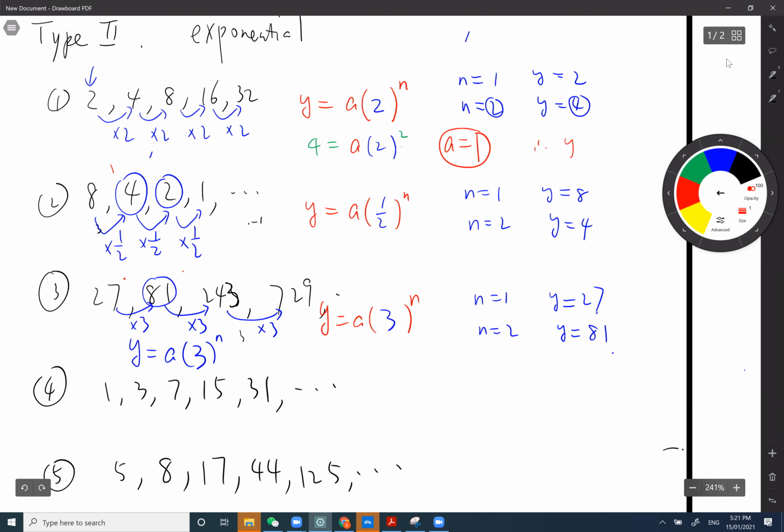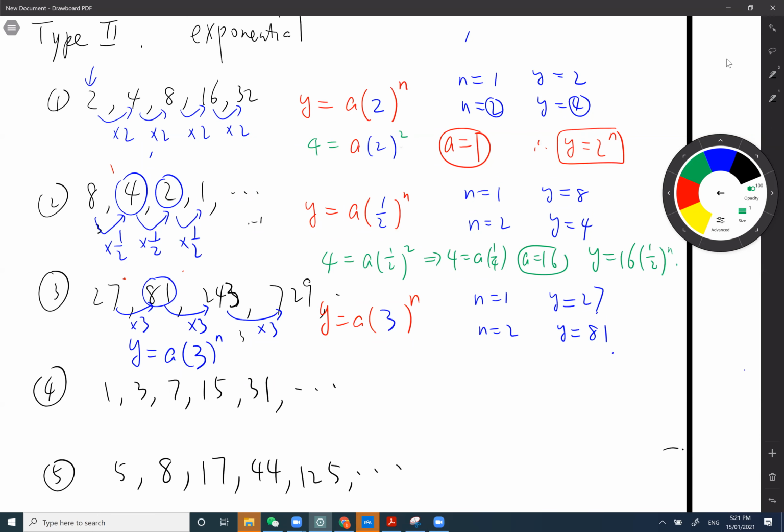Therefore, the final answer is y equals 2 to the power n. For the second one, if n equals 2, a half squared is a quarter. 4 equals a times a quarter. So a equals 16. The final answer: y equals 16 times half to the power n.